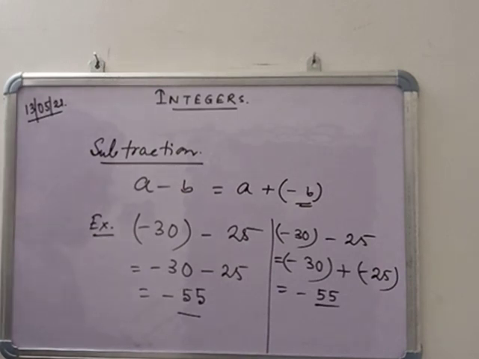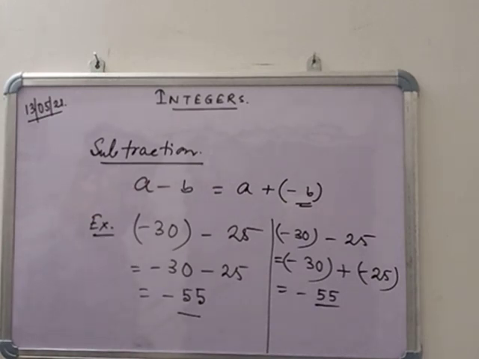So the difference of two integers is always an integer. For subtraction, the commutative law and the associative law are not followed. We cannot say that in subtraction of integers the commutative law and associative law are followed. Similarly, we cannot say that the additive identity also follows here.